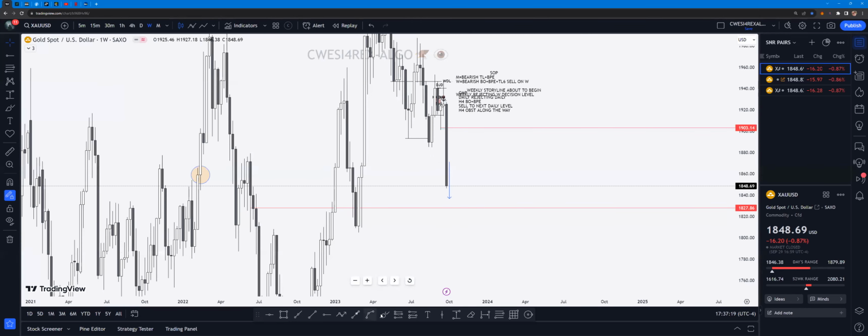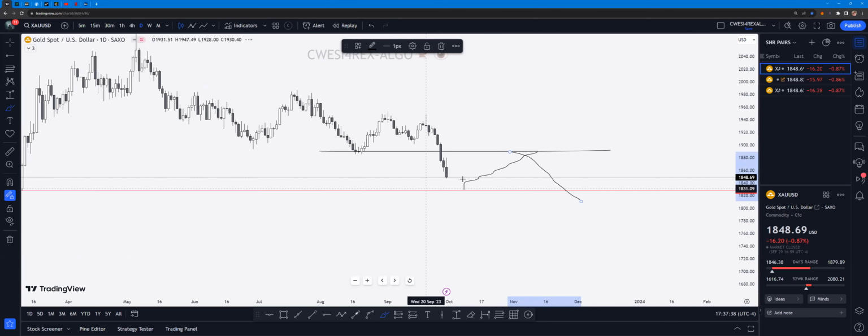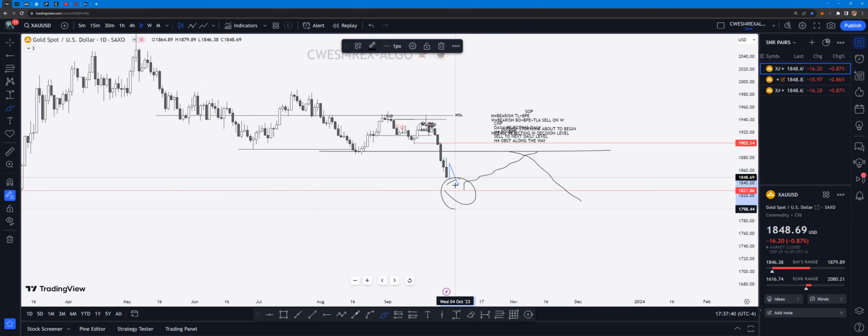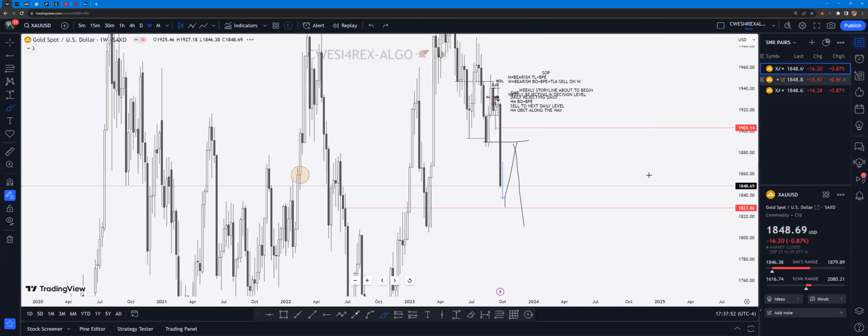Then we can see price can pull all the way back to maybe another weekly level somewhere here and maybe continue. But on the weekly time frame, when price gets to this level that I've marked and it starts breaking, giving us some bullish signs, we'll start holding some buys.